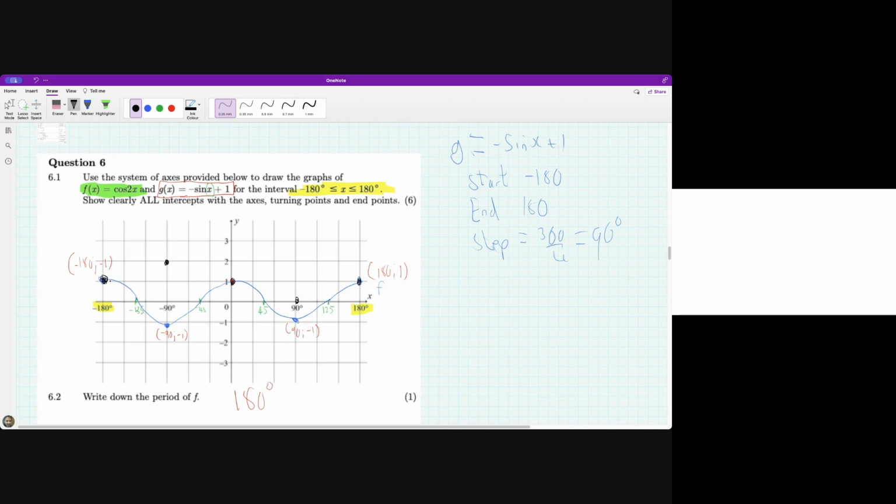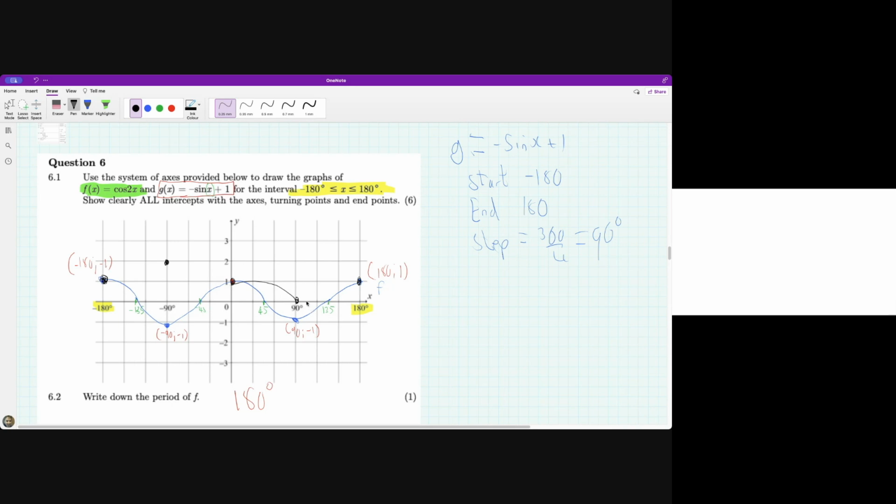Okay, so normally the sine graph goes up, but this is going to be plus 1. No, wait, how's this going to look? Normally the sine graph would go up, and because it's reflected, it's going to go down. So from here, normally it would go up, so now it's going to go down.